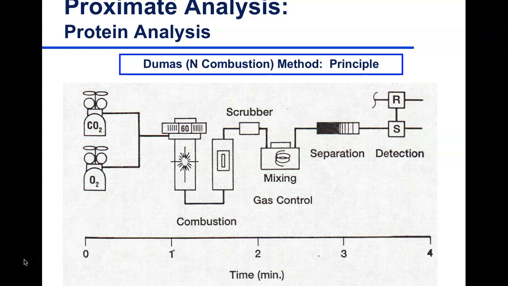What would be the advantage of this way of doing it? Any thoughts? Why would we want to not just detect nitrogen but use a GC to separate? Well, for example, in the soil sciences, they want to measure both carbon and nitrogen, since nitrogen fixation and carbon levels are important.